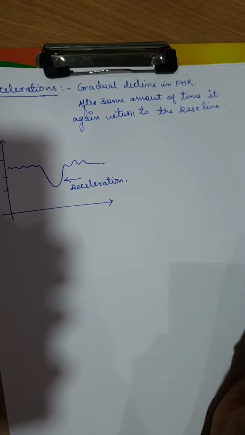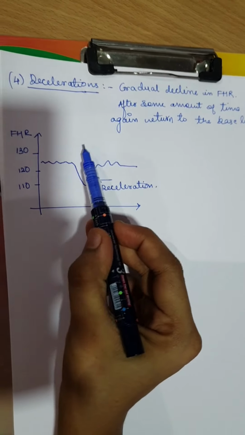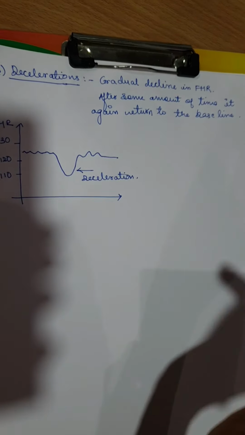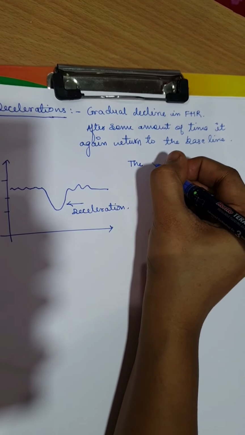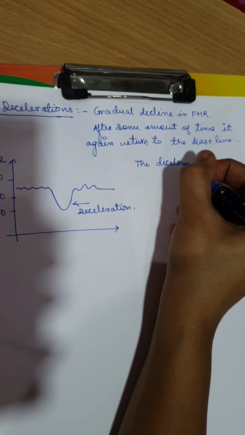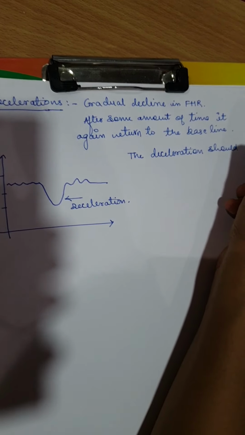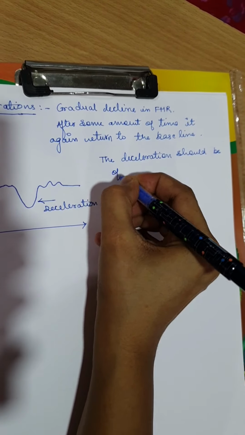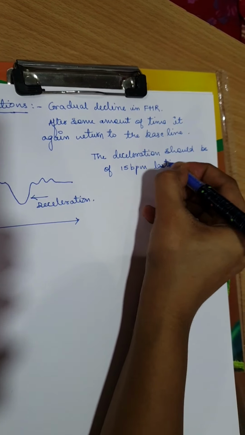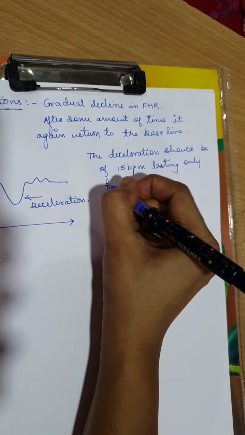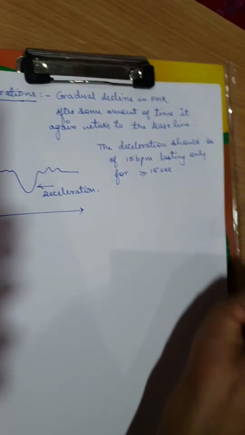Now how much the decline should be and for what amount of time it should continue is also defined. So the deceleration should be of 15 beats per minute, lasting for greater than or equal to 15 seconds.